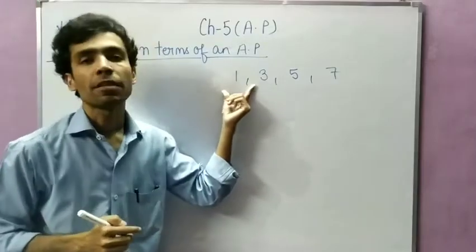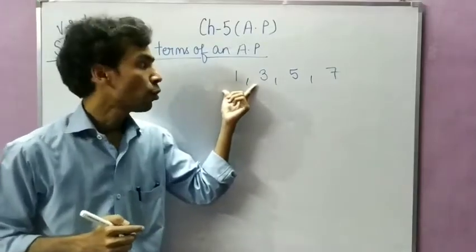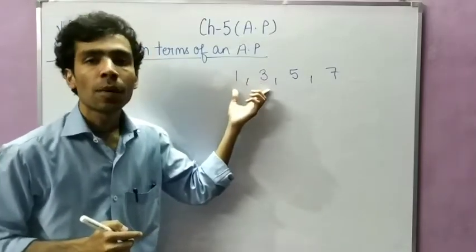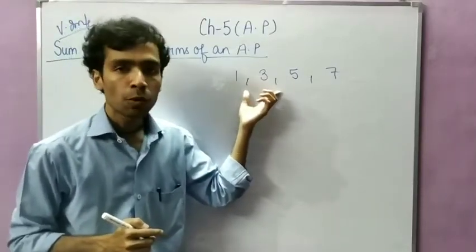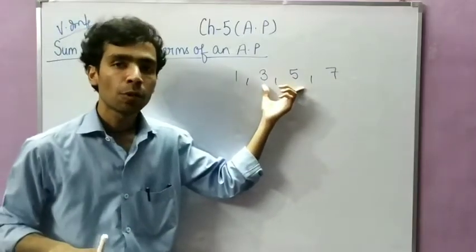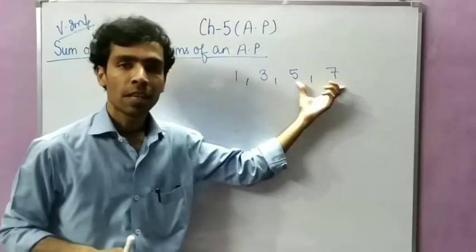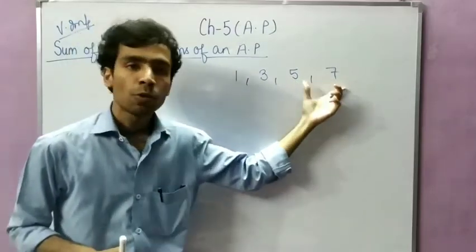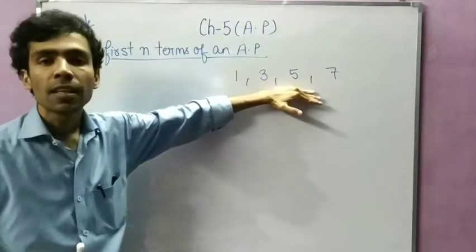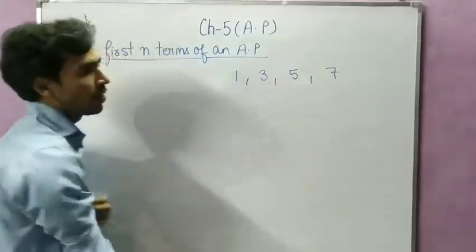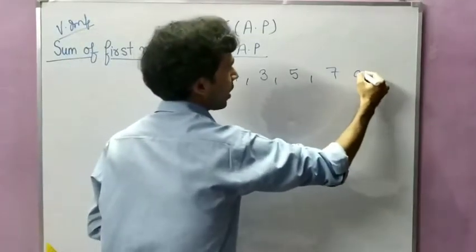Because the common difference of two consecutive terms is the same. If we take 1 comma 3, the common difference is 2. If we take 3 comma 5, again the common difference is 2. If we take 5 comma 7, again the common difference is 2. So this sequence is in AP.